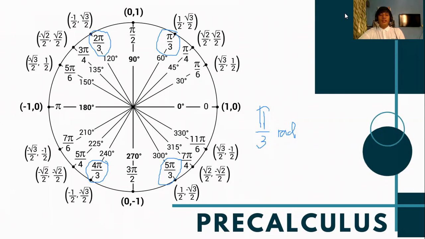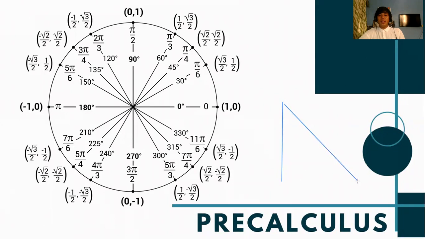Now, where did all of these values come from? Remember that in a special right triangle, for example, let's talk about a 45-45 degree triangle or an isosceles right triangle. Since the hypotenuse is a unit circle, the hypotenuse is 1.